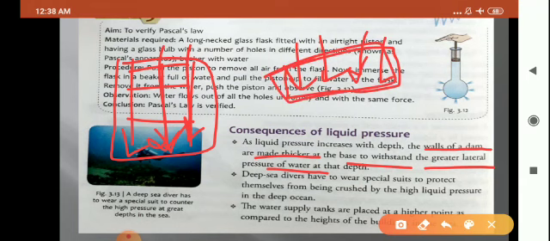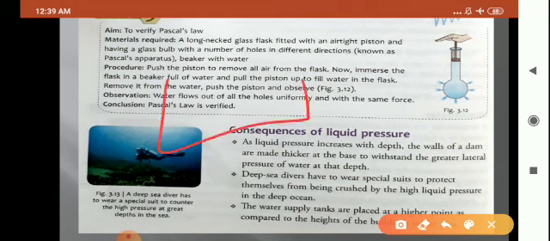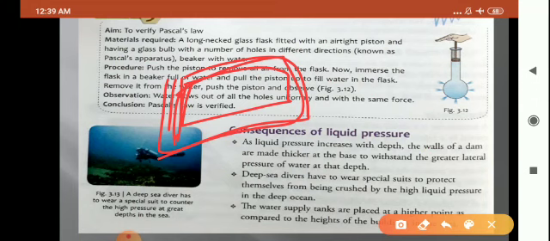So that is the reason the base of the dam are made thicker, so that it can withstand greater lateral pressure. Greater lateral pressure means greater side pressure exerted by the water at the depth. So dam में whichever dams are constructed, there the base of the dams are made thick, or the walls of the dams are made thick. Reason?